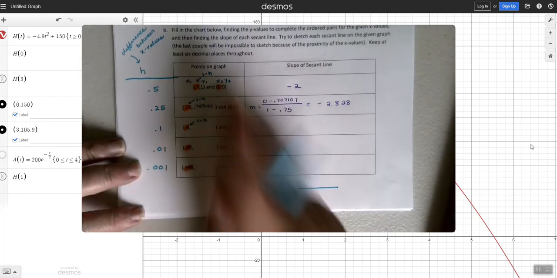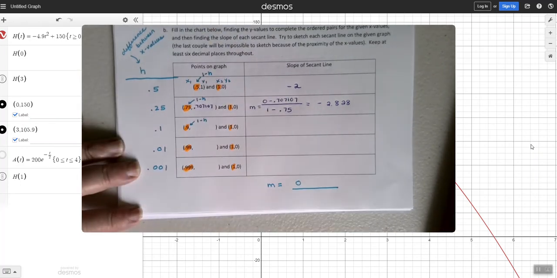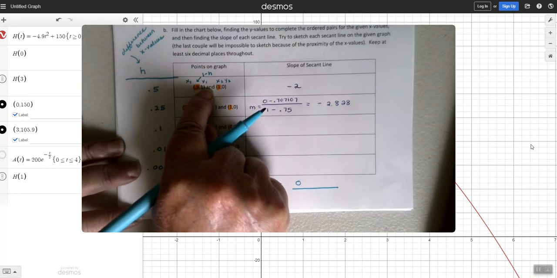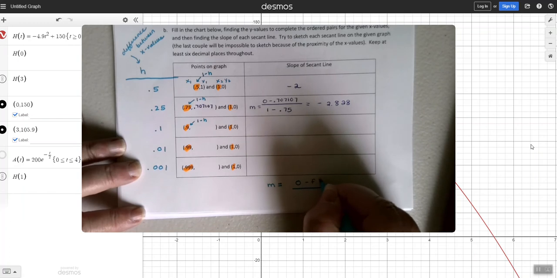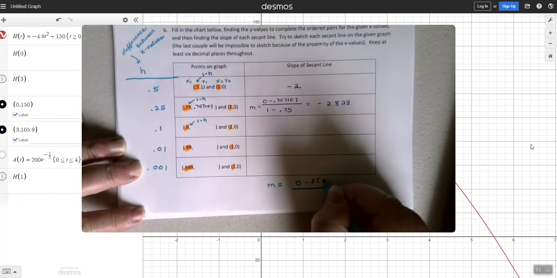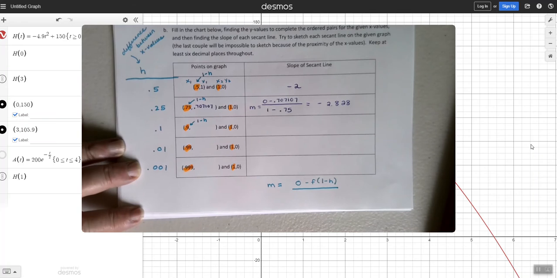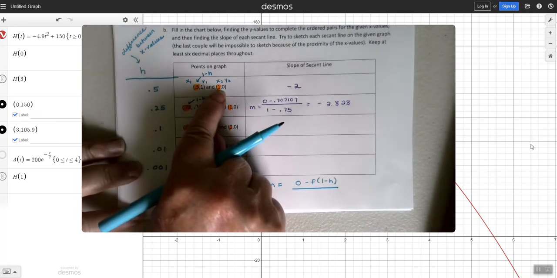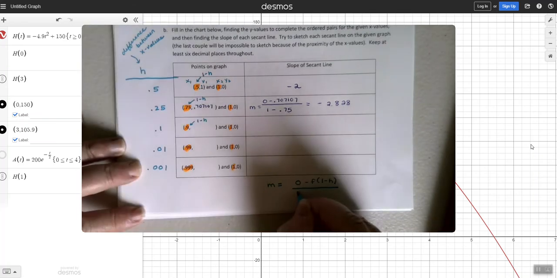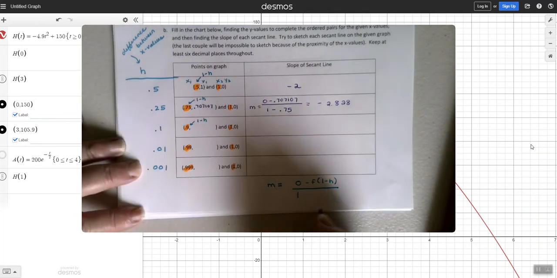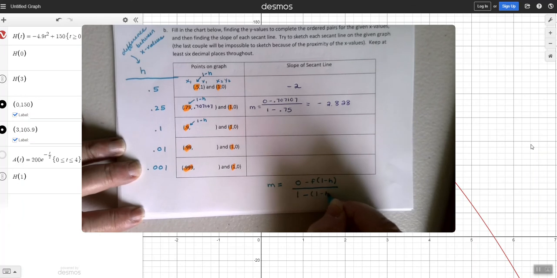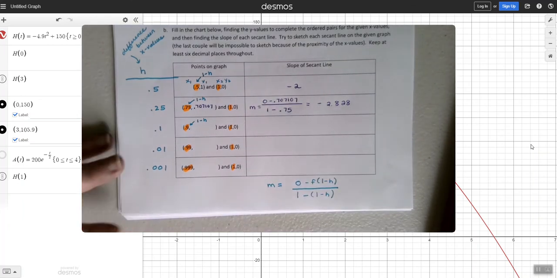So y2 is always 0. y1 is f of this first one, so f of 1 minus h. And then x2 minus x1. x2 is always 1. x1 is the 1 minus h. Okay. That's really how we calculated the slope in more general terms.